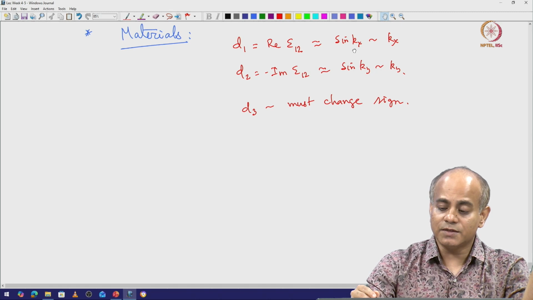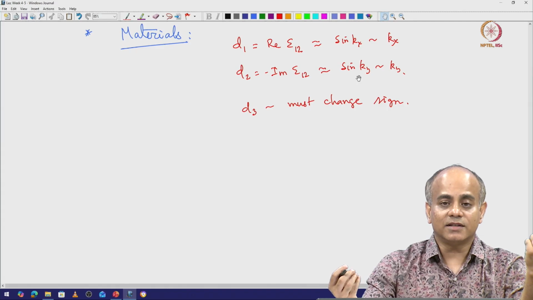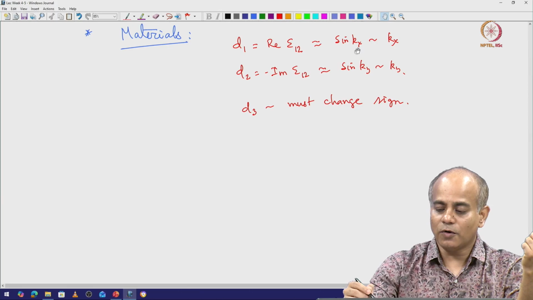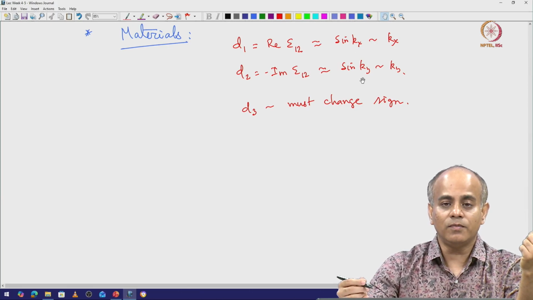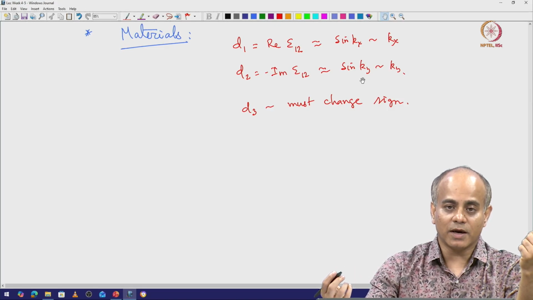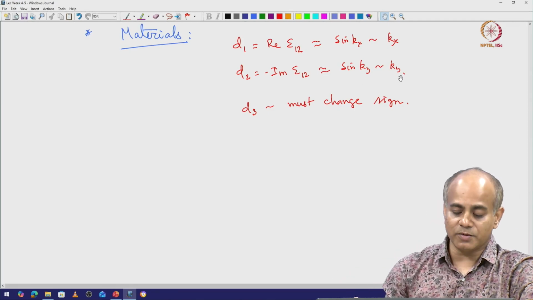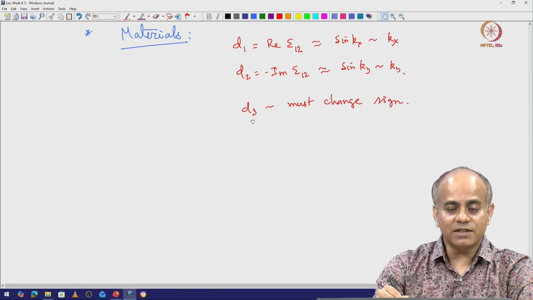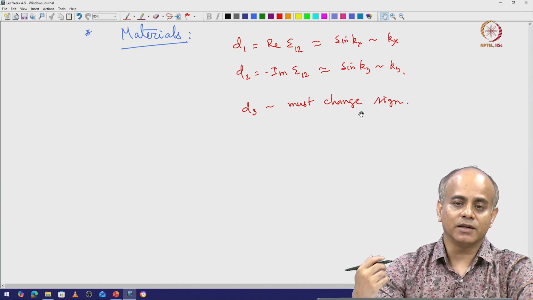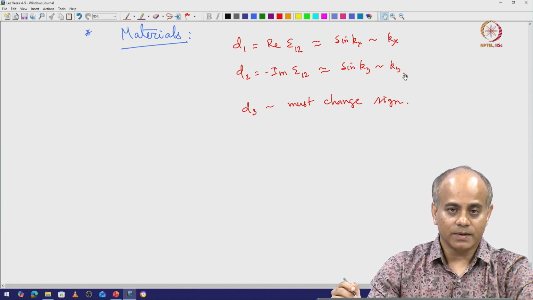It is not that this form matters, it is the fact that they all have to vanish at the same high symmetry k points. These were sort of trivial forms which vanish at the gamma point, pi 0 point, 0 pi point, and pi pi point. Those are the choices we made. And the third one is D3, which will change sign in some ring that will encircle those points where D1, D2 go to 0. Okay.